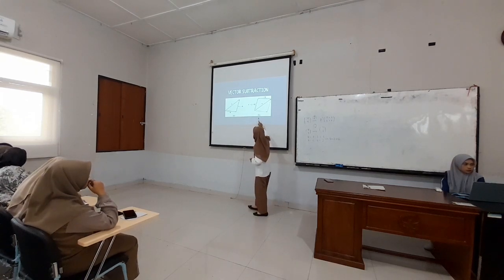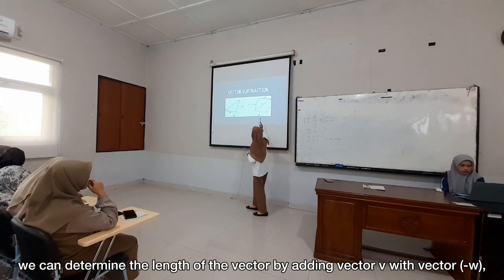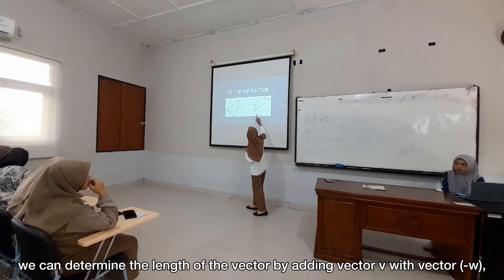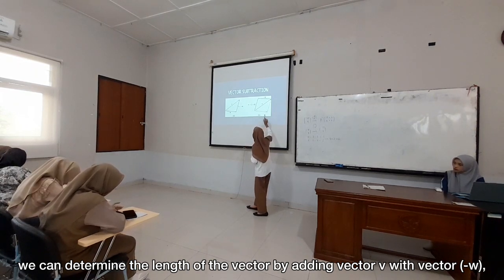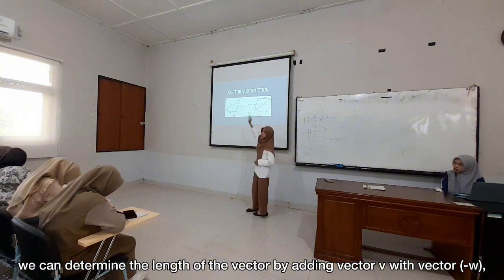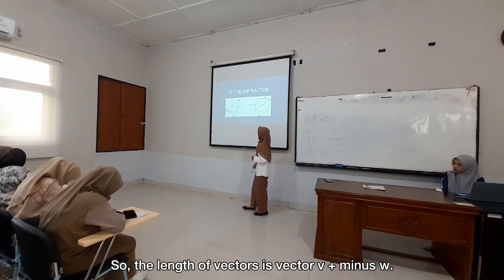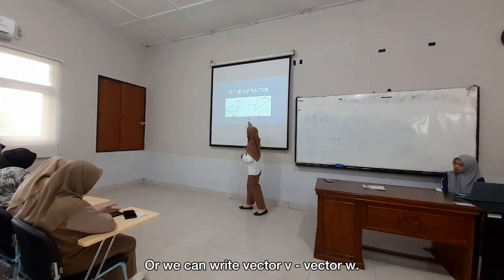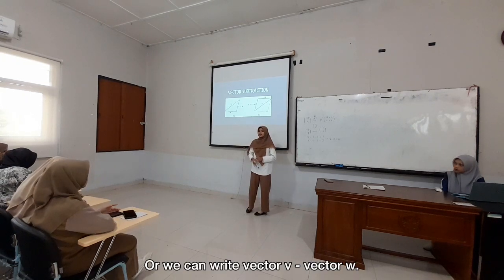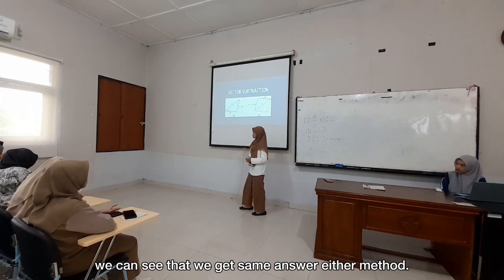Okay, next, in figure B, with parallelogram method, we can determine it by adding vector P and vector minus W. So the resultant vector is vector P plus minus W. Or we can write vector P minus vector W. Comparing figure B and figure A, we can see that we get the same answer using either method.